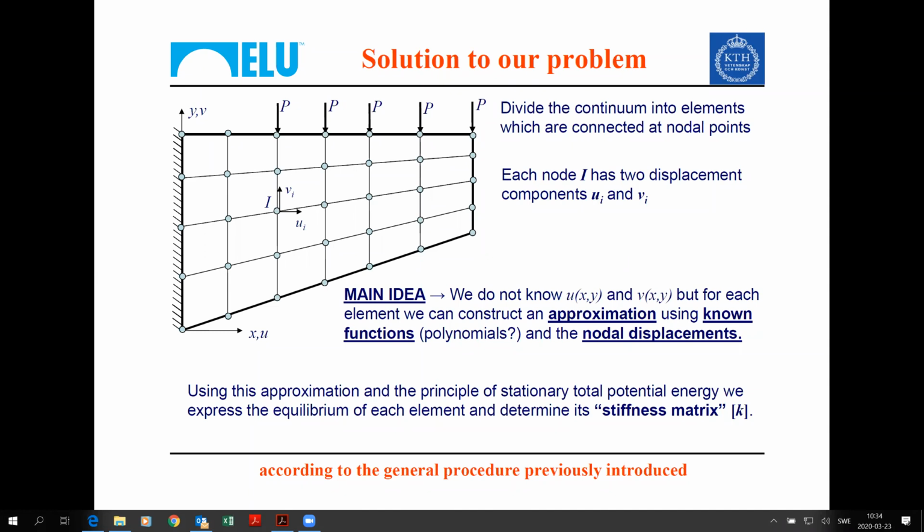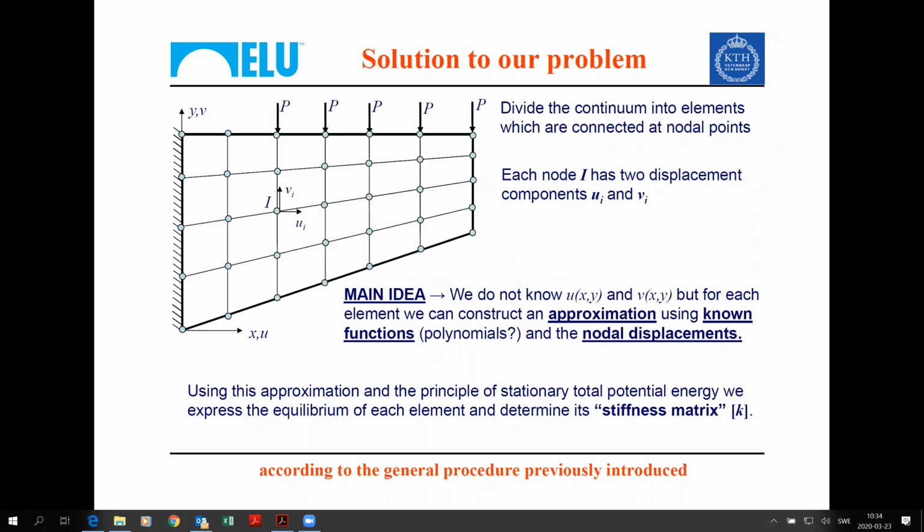These known functions are what we have called, until now, form functions. We will maintain this name. So known functions, form functions, and nodal displacements. This is the way in which we construct an approximation for the displacements inside a finite element.